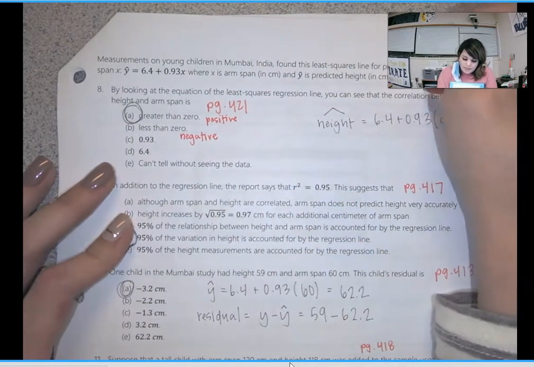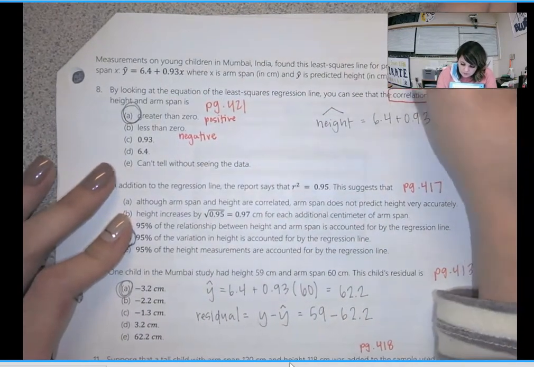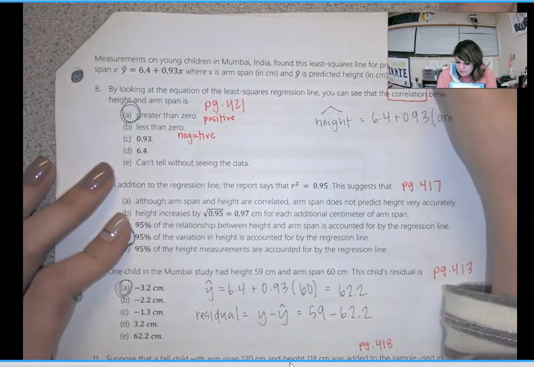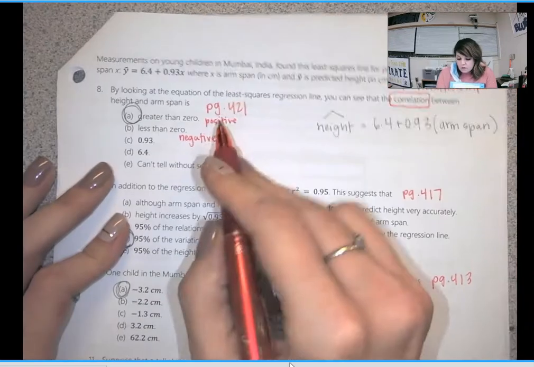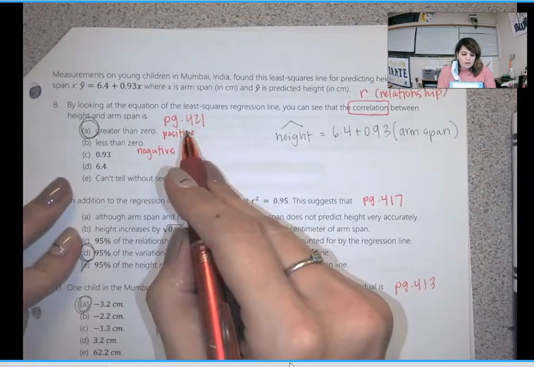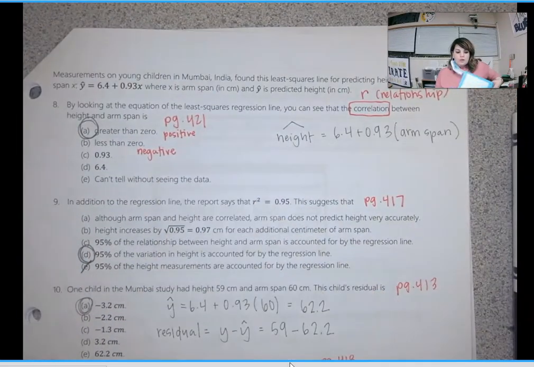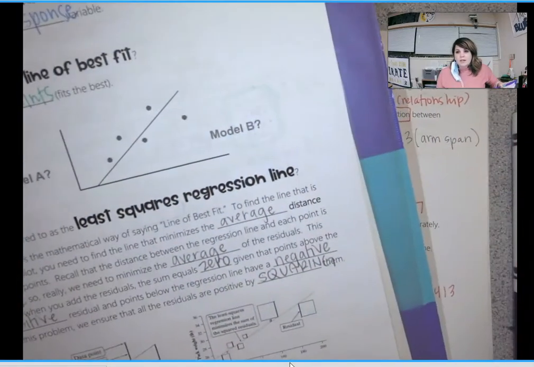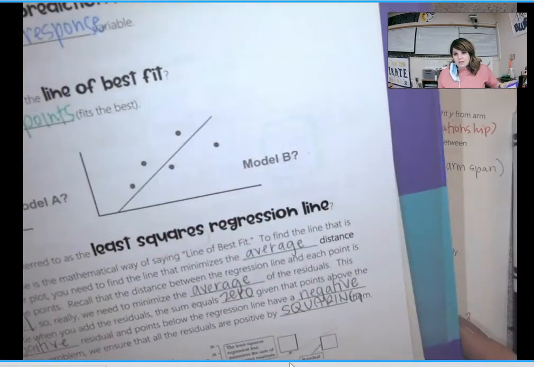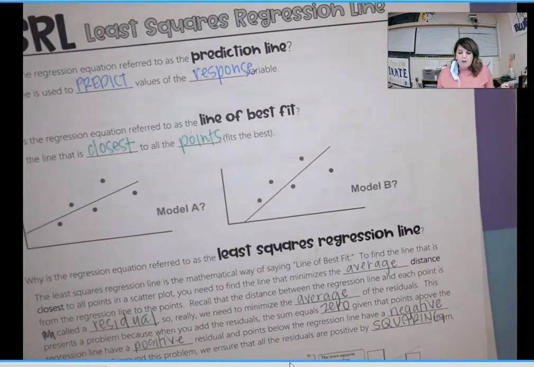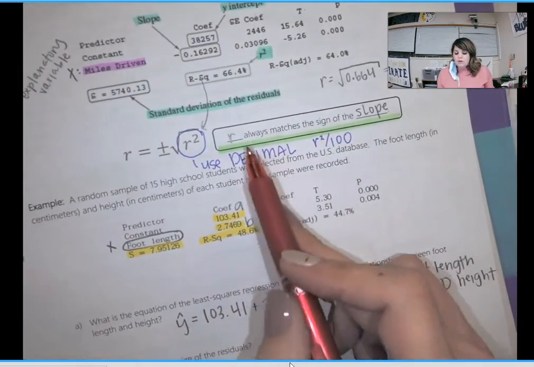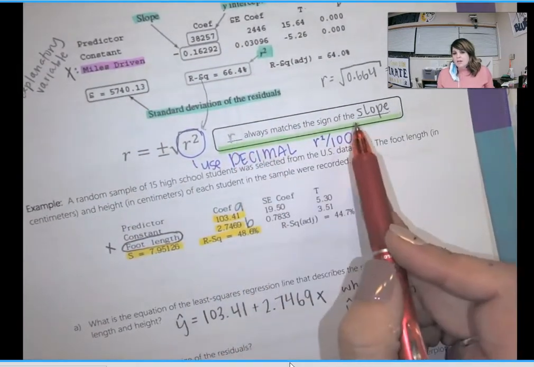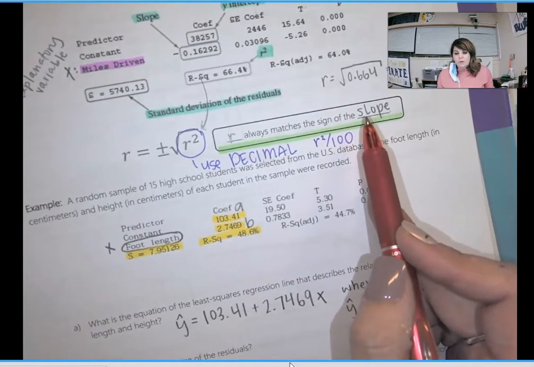So when we see correlation, this is r, which is the relationship between the variables. Well, on page 421, in our notes for computer output, which some of you haven't done yet, so I apologize if you haven't done that lesson yet, we learned that correlation has the same sign as the slope of your line.